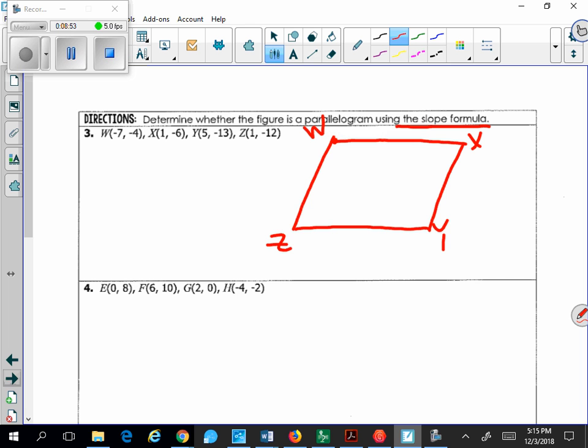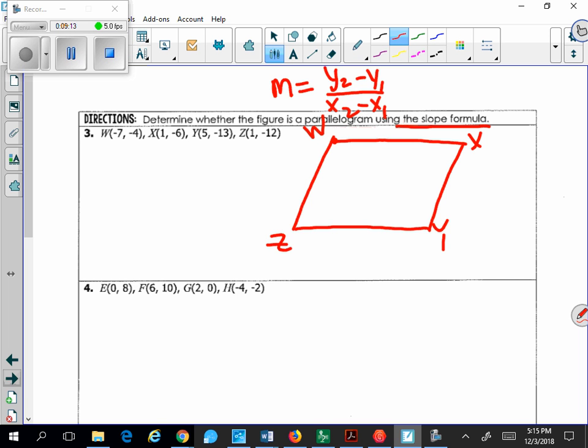Remember my slope formula is m, that's my slope, y2 minus y1 over x2 minus x1. Remember we said in order to use the slope formula, I want to say that opposite sides are parallel to each other.